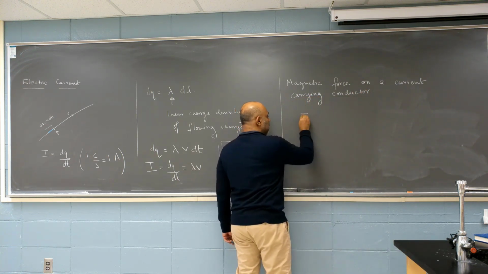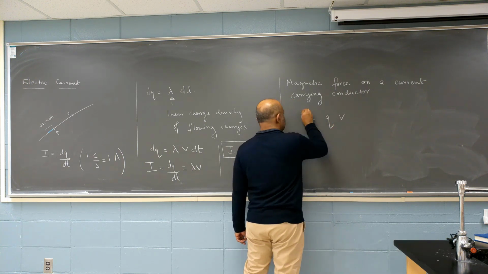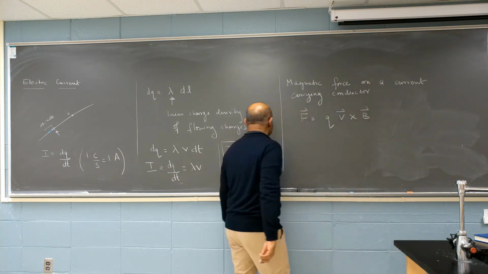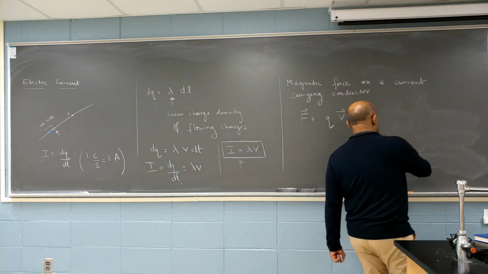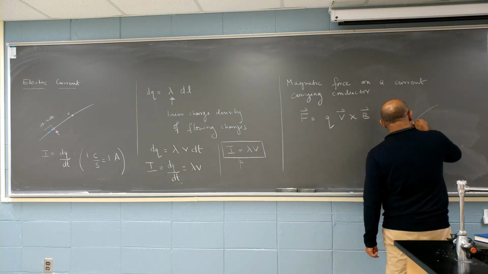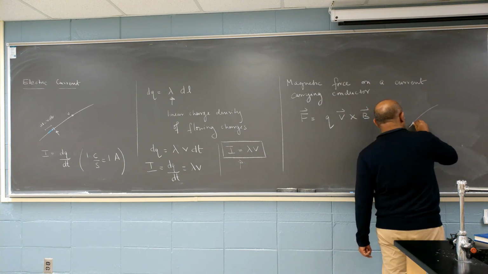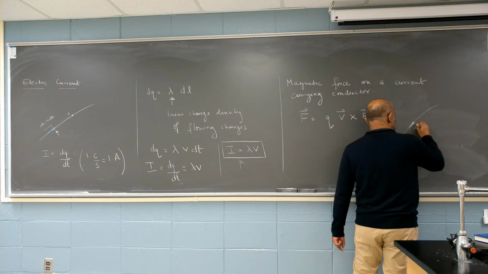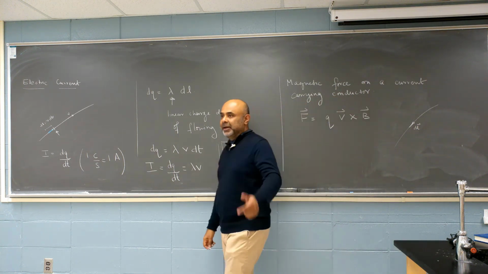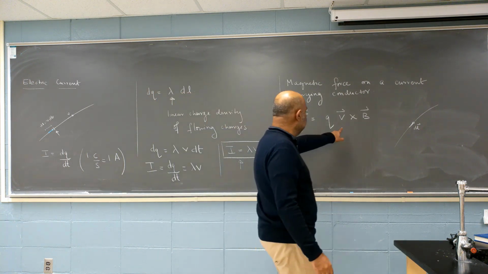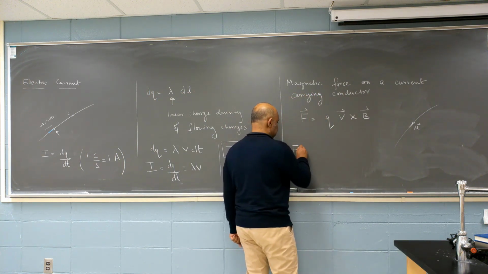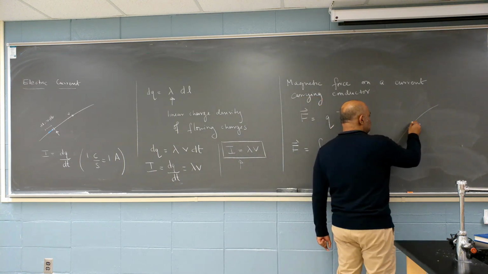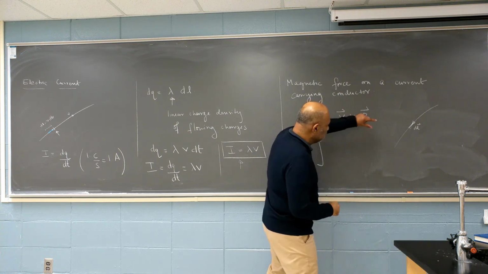So recall, for a single charge, I'm just looking at magnetic force, it is qV cross B. So when you talk about a long wire, obviously we're going to compute the force along some small portion dl, and I can even make this a vector, and then add it up. So this is going to translate to an integral. Well, for the small portion, how much charge is contained in that portion?